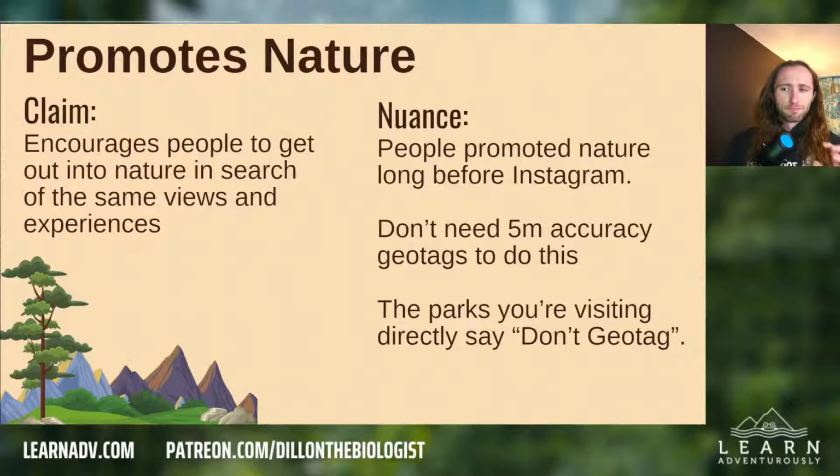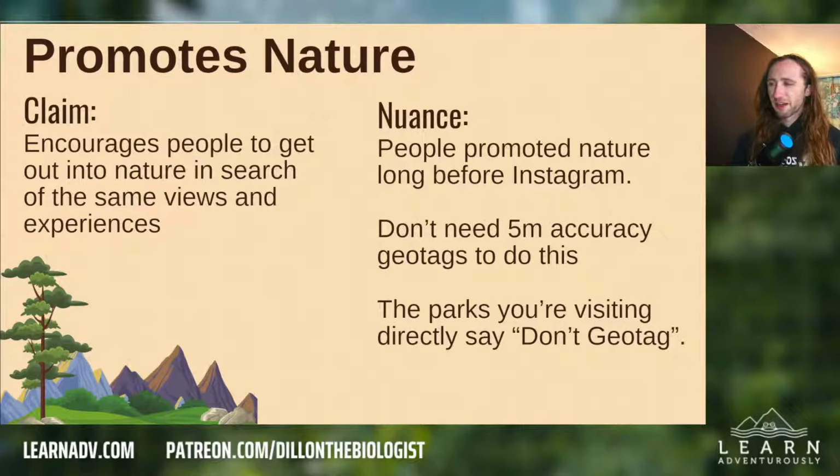However, people promoted nature long before Instagram. We've had the nature influencer before geotags and before GPS technology was found right in our phone, right? The simple fact of the matter is we don't need 5-meter accuracy geotags to promote a love of nature.